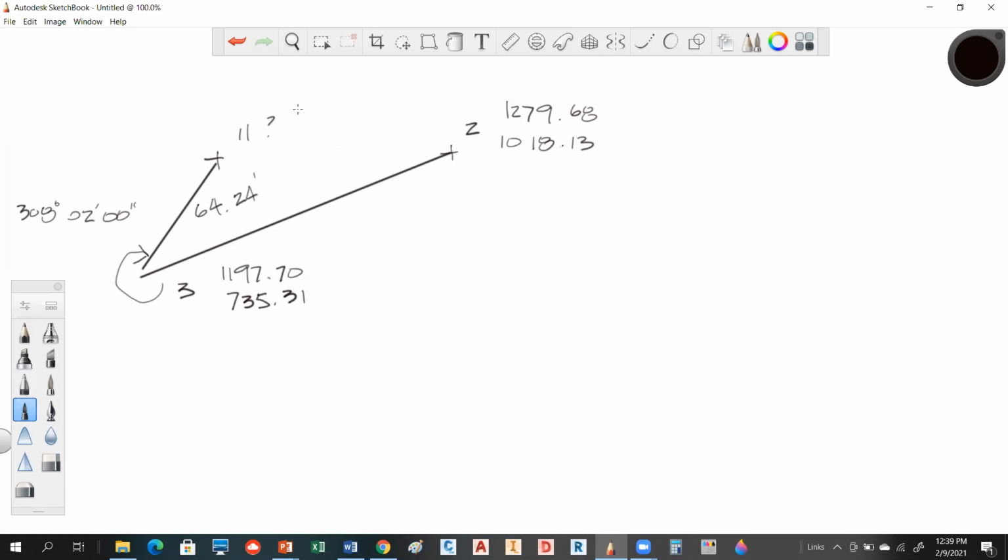So is this a direct routine, an inverse routine, or both? Direct routine. It is that, but you also need to know what? The backsight direction here. Yeah. So in order to do that, we have to do an inverse.